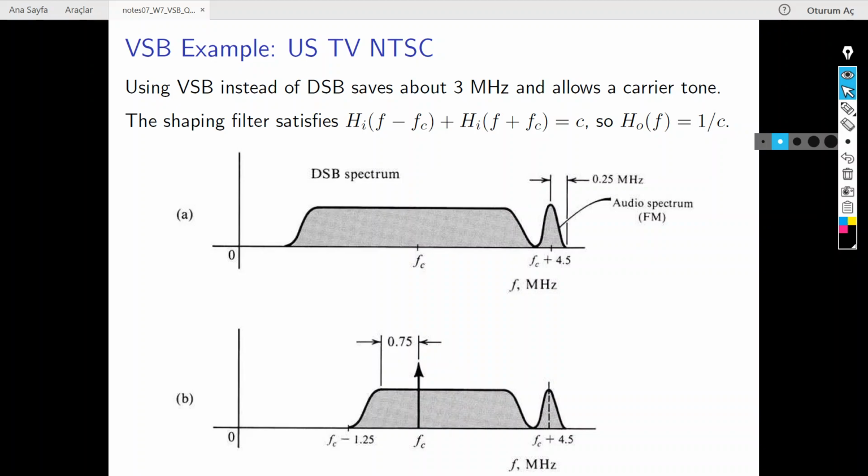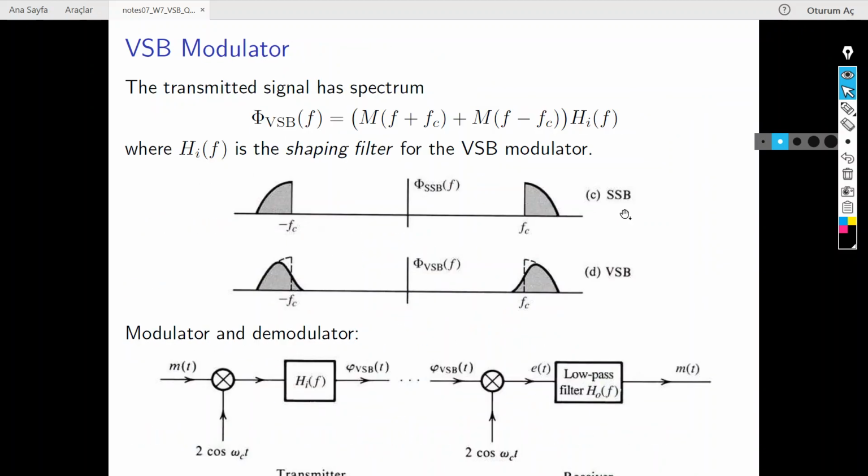Be able to process the signal at the transmitter and receiver, draw the block diagram and how you generate the signal by blocks, and also deal with it mathematically. What's the mathematical formula of the signal in double sideband, single sideband and vestigial sideband at the transmitter and receiver at different stages of the block diagram? I can ask, what's the signal at this point? Could you please draw it? Could you please give me the mathematical equation of that signal?